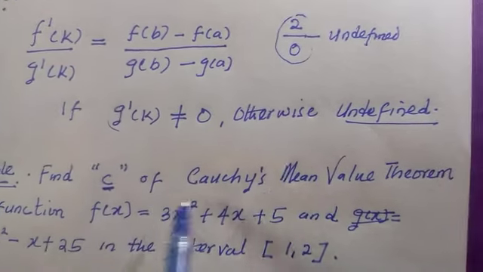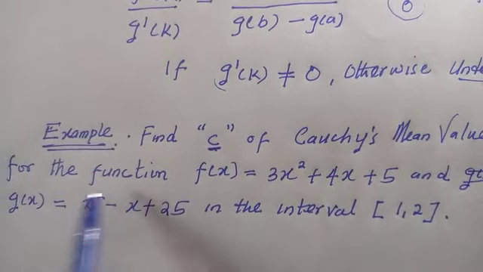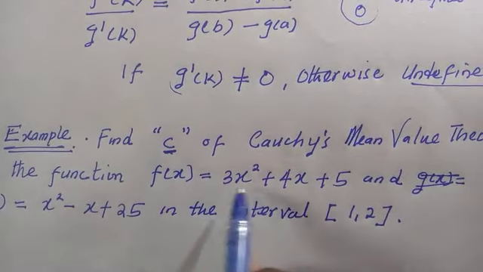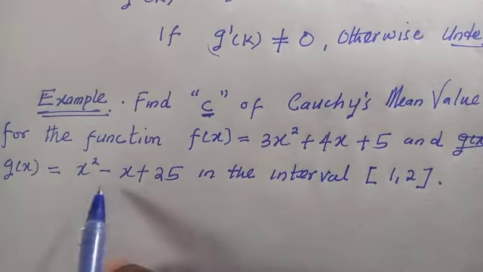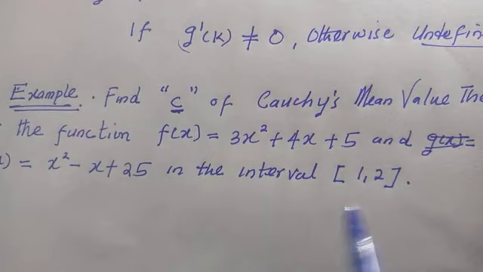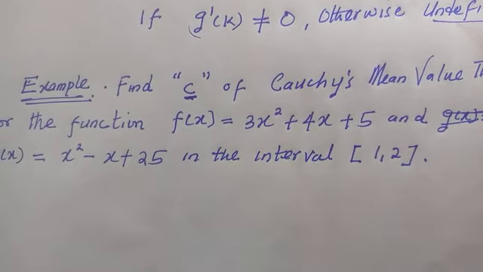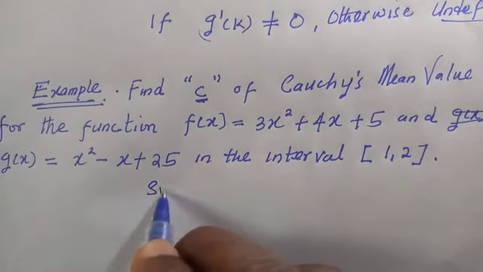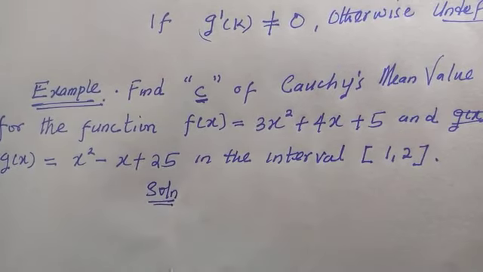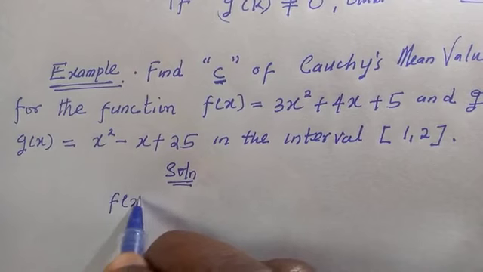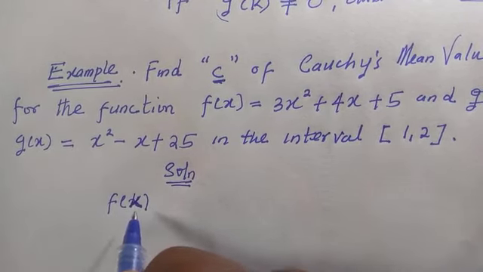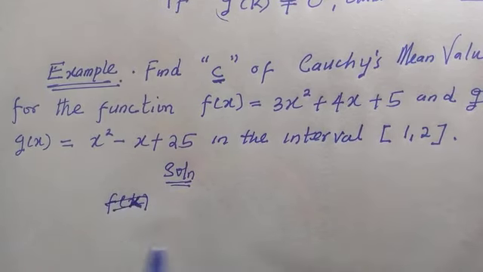Use the Cauchy mean value theorem for the function f of x equals this, and the second function, which is x squared minus x plus 25, in the interval 1 comma 2. We must know clearly here that the extended mean value theorem, which is Cauchy, must have two functions, unlike the ordinary mean value theorem, which has one function. So this one is defined on two different functions.